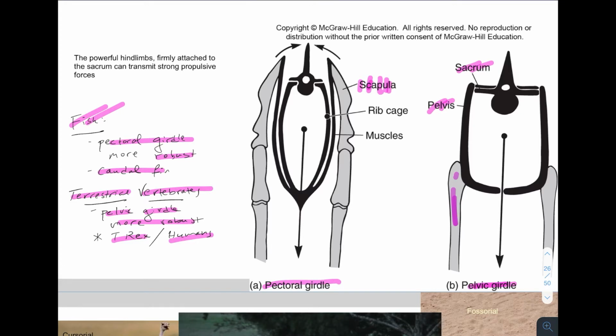On the other hand, it does have a lot of muscle that holds it in place, tendons, ligaments, and so forth. And so this line right here is depicting that soft tissue that's basically attaching the scapula to the trunk of the animal.